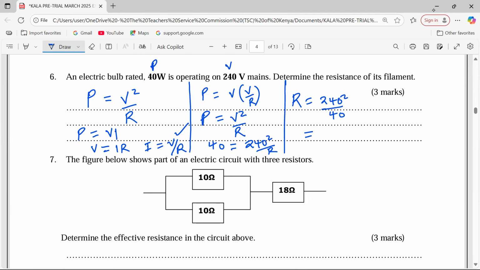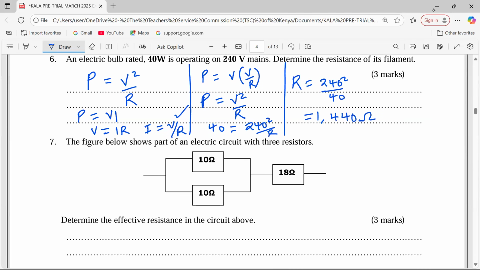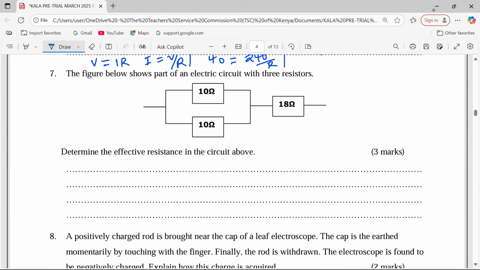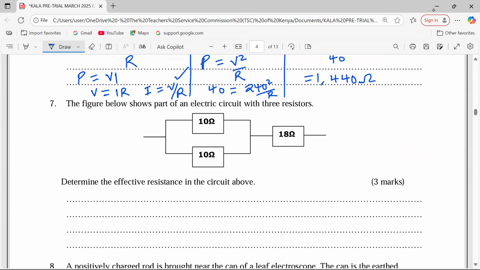Then we get 1,440 ohms as the resistance. Remember to give the right units, ohms, since this is electrical resistance. Yes, we are still on electricity and magnetism.